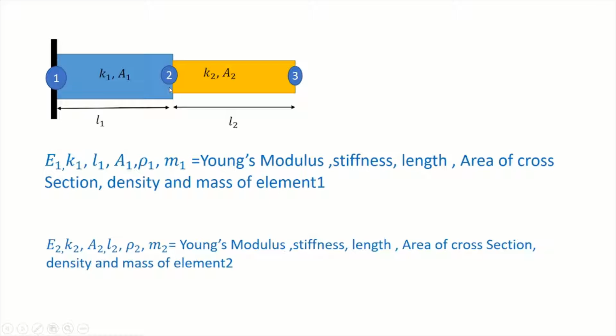Now these are all the parameters given, and these terms are self-explanatory in nature. The corner points are called nodes. For nodes, there are two standard definitions. First is where known field variables are applied.